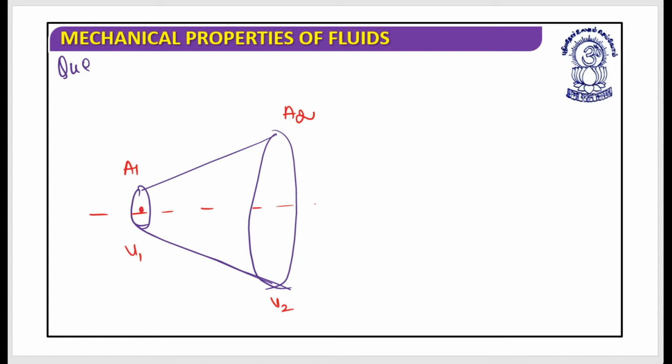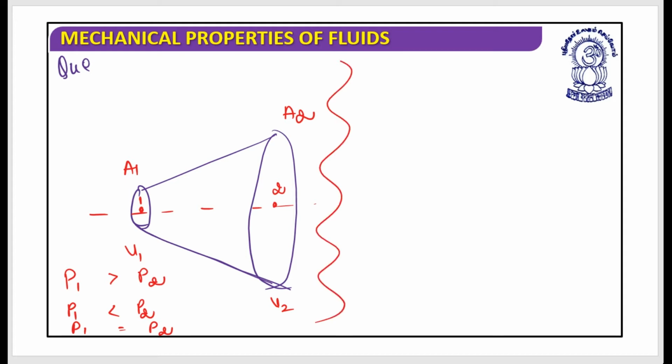Suppose this is point 1, this is point 2. If someone asks what should be the relation of pressures, whether P1 is greater than P2, or P1 is less than P2, or P1 equals P2, what would be the situation?